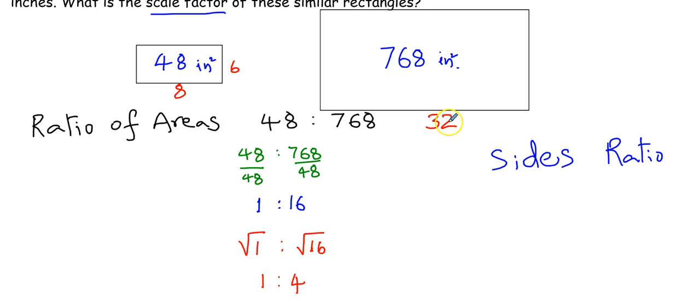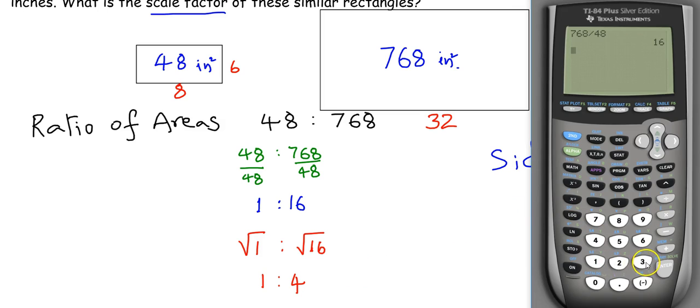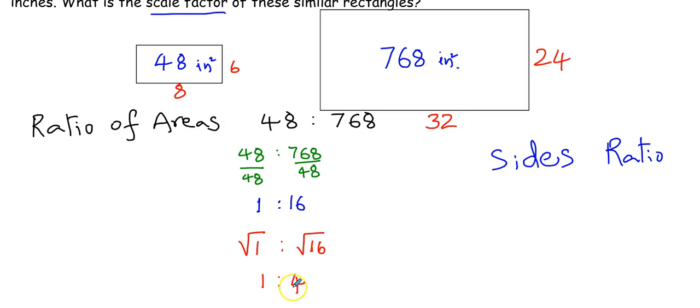So 32 is the length of the second rectangle, and 4 times 6 is 24. 24 is the width of the second rectangle. Verify. Now what happens? 32 multiplied by 24, the product is 768. That is the area of this rectangle, right?